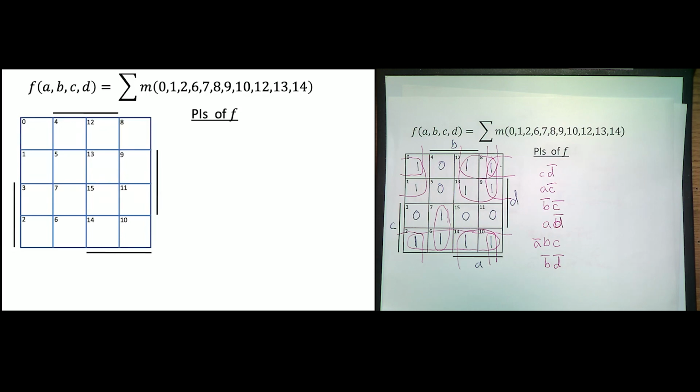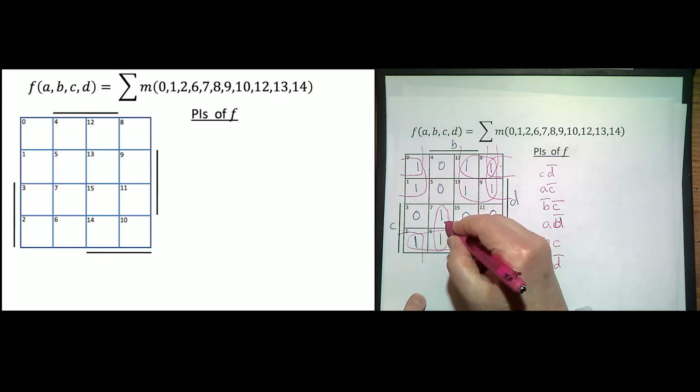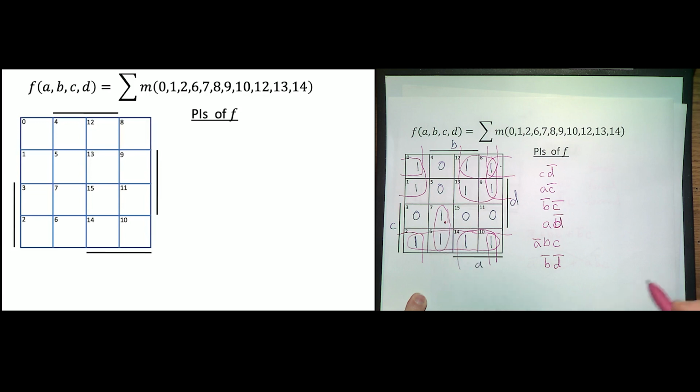Now, which ones are forced? If you've drawn all of them, then you can correctly identify the forced ones. If you didn't draw all of them, then you might get this part wrong. That's why you have to draw all of them. Clearly this one is forced because 7 is only covered by this one. And this is the only 2 by 1, so it has 3 literals.